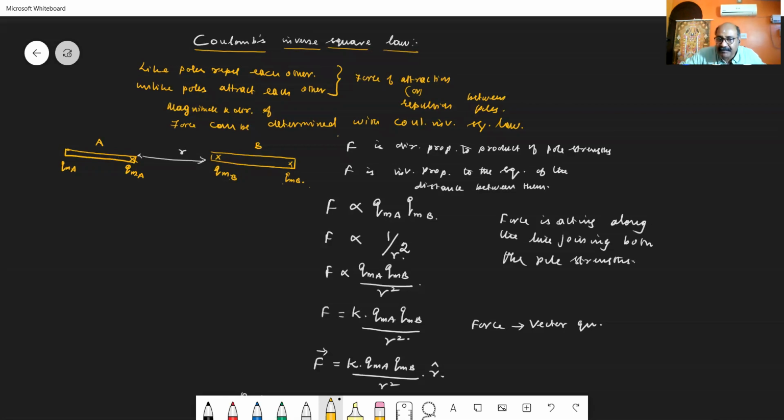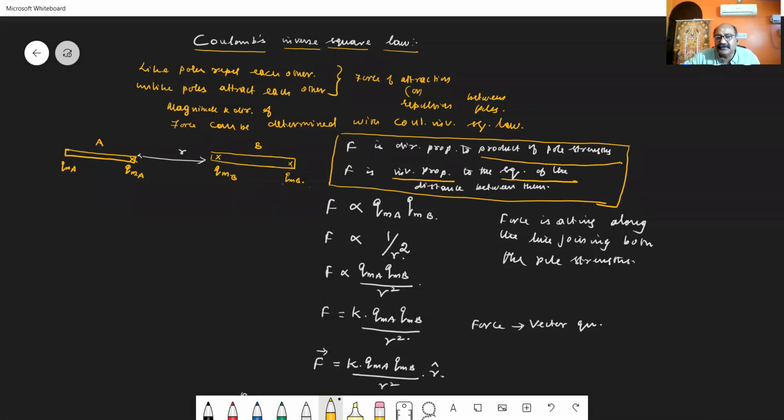According to Coulomb's law, either the force of attraction or the repulsion between the two magnetic pole strengths is directly proportional to the product of the pole strengths and inversely proportional to the square of the distance between them.